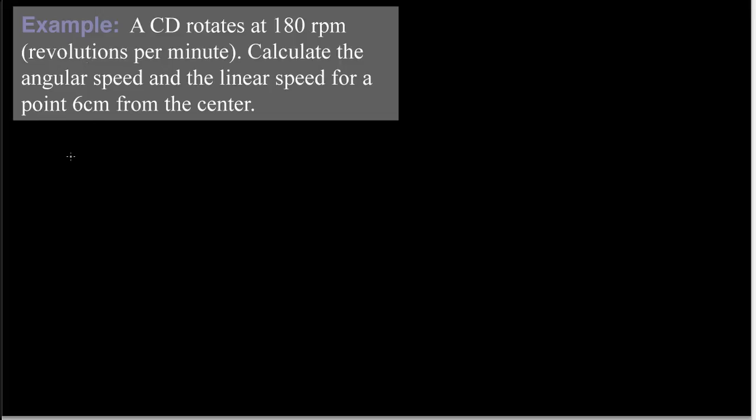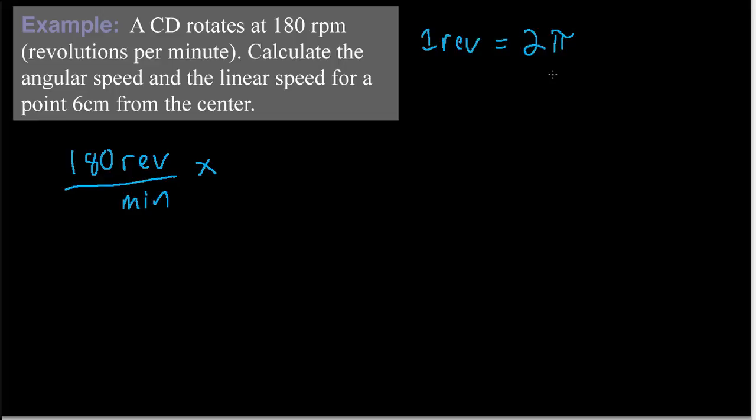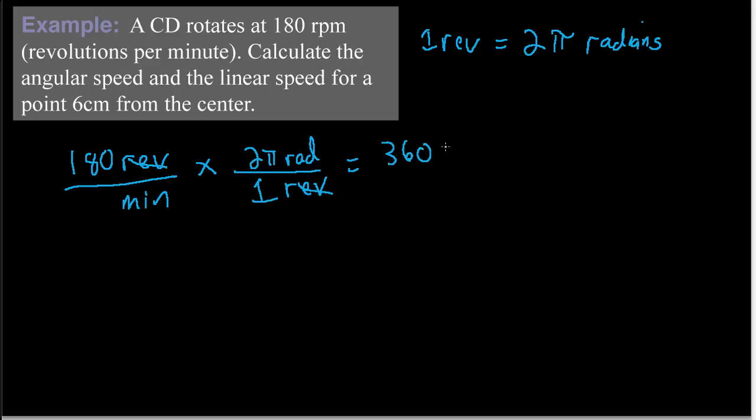The first thing we would need to do is take 180 RPMs, revolutions per minute, and convert that into radians per minute. Since one revolution around the circle is the same thing as one circumference, or 2 pi, we know that one revolution is the same thing as 2 pi radians. If I multiply 180 revolutions per minute times the conversion factor of 2 pi radians for every one revolution, revolutions will cancel out, and I'll get 360 pi radians per minute.